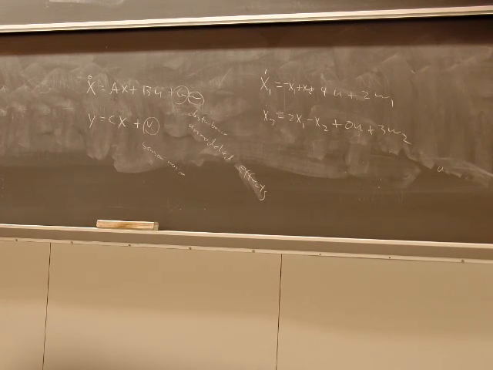We got the A matrix, I think the easy one. A matrix is 1, minus 1, 1, 2, minus 1. Right. B matrix is 4, 0.